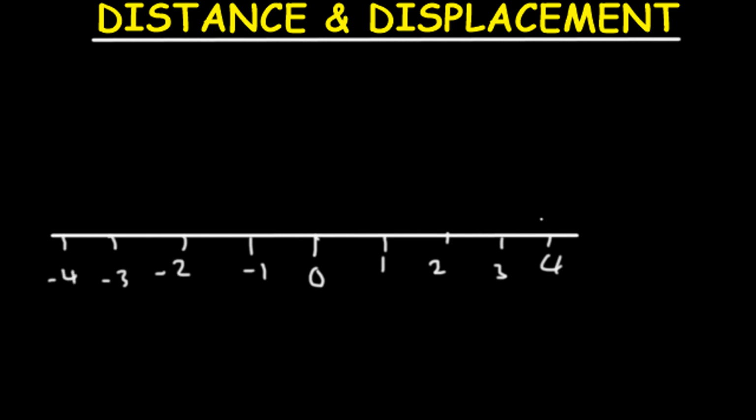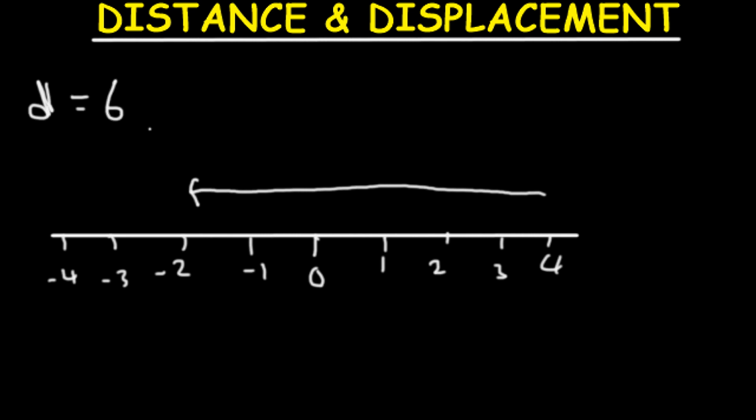Let's say we have an object moving from the positive 4 point all the way to -2. What is the distance and what is the displacement? The gap between 4 and -2 is simply 6. Therefore, the distance D will be equal to 6. Now, what about displacement? What will be the value of displacement?